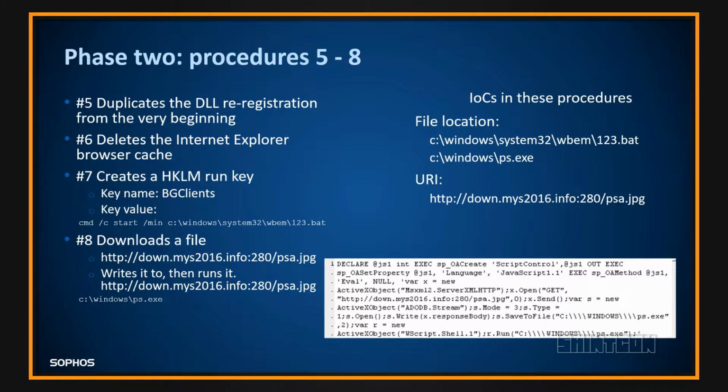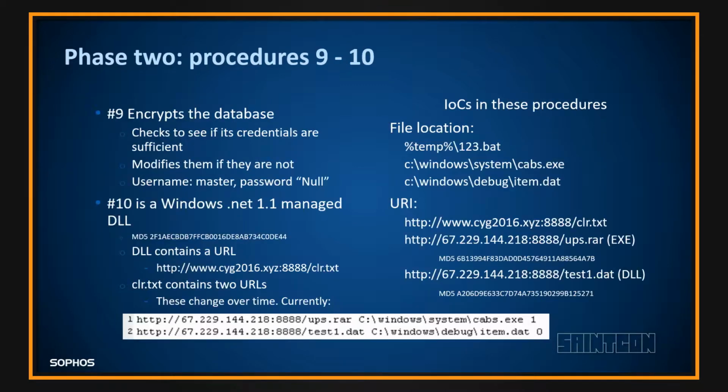Talk about redundant. So stage 5, it's once again reduplicating the DLL registration. It's also cleaning up the browser cache, creating a run key for a batch file that it writes out to the system, and downloading some executables that have a JPEG extension on them, presumably to avoid detection by a really dumb intrusion detection system that would notice something with an exe extension but wouldn't look at the magic bytes in the first 2.